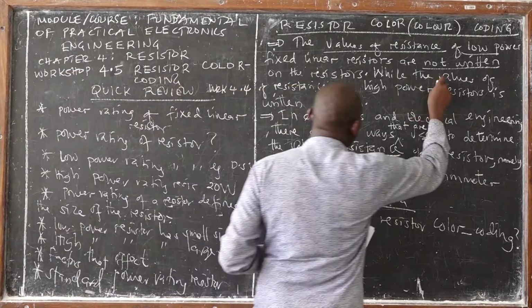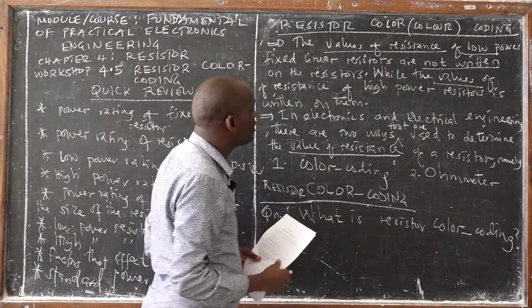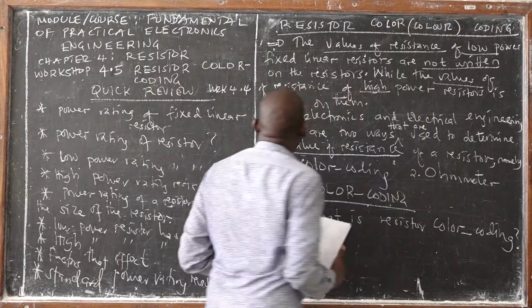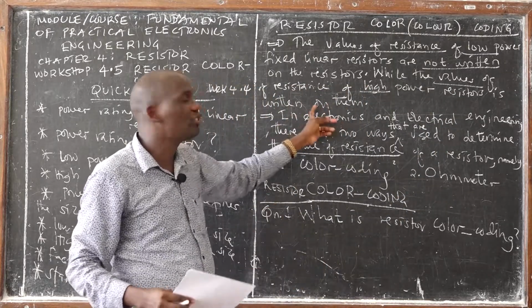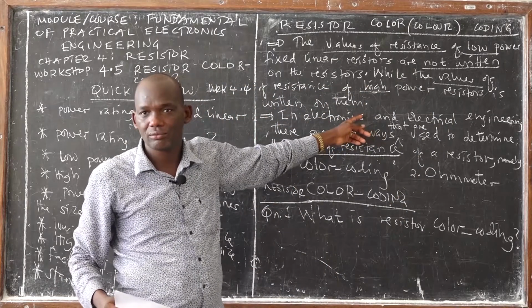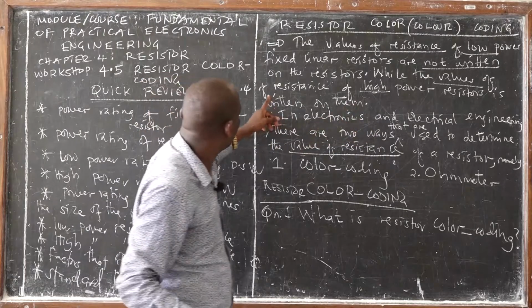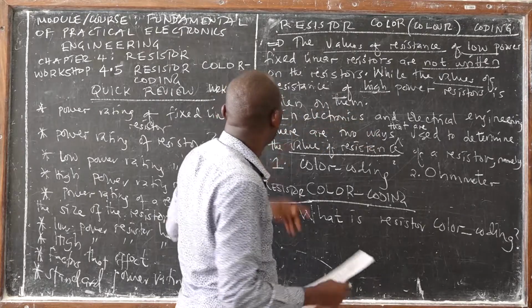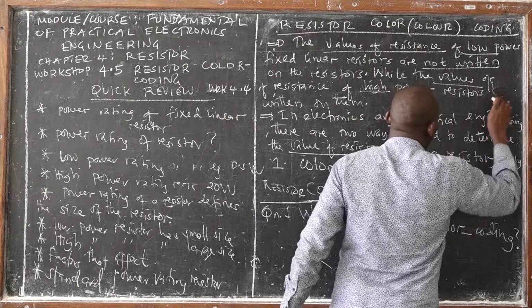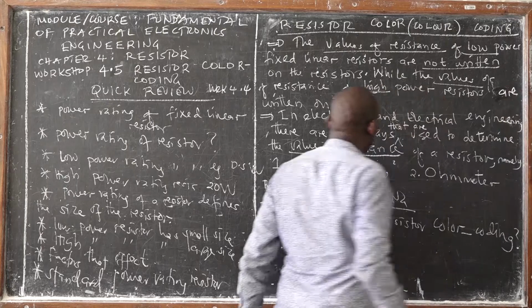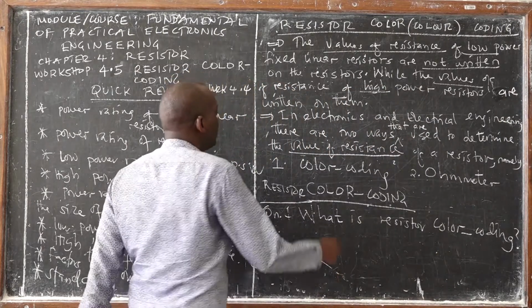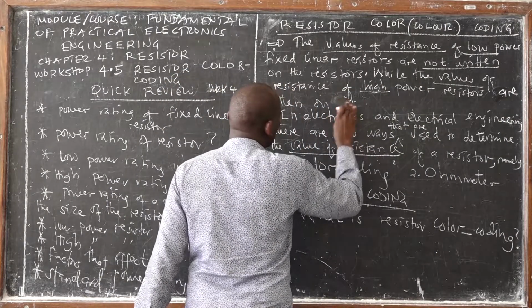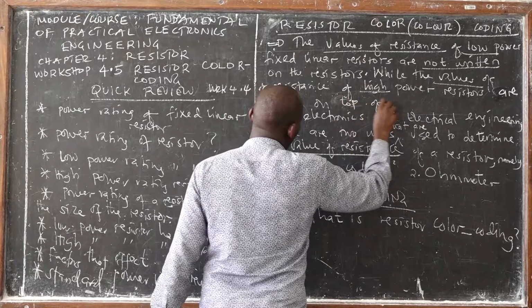While the values of resistance of high power resistors are written on top of them.